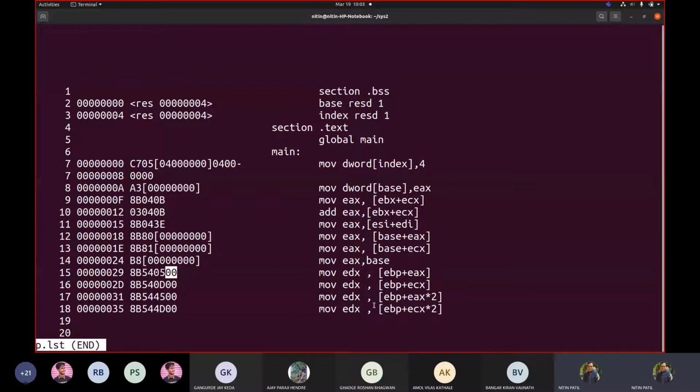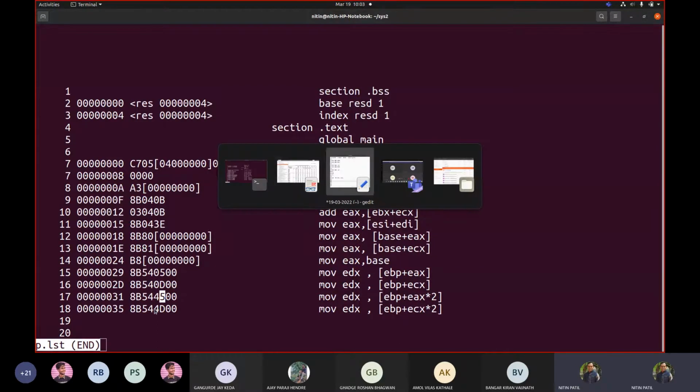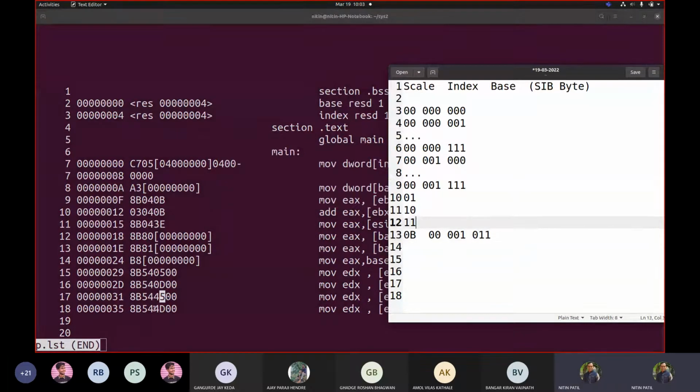So if I try to write this 45 and 4D in binary form, let us write 45. How would 45 be? 0 1 0 0 0 1 0 1. Correct? To differentiate this.